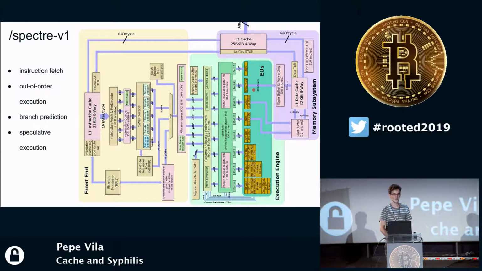Now the instructions are executed and waiting at the reorder buffer, and then two things might happen. The predictor might be right. In that case, we retire the instructions from the buffer, and we've enhanced the throughput. Or it could be wrong. If it's wrong, we discard the instructions that were executed, because they are useless as the prediction was not correct, and we go back to where we should go.